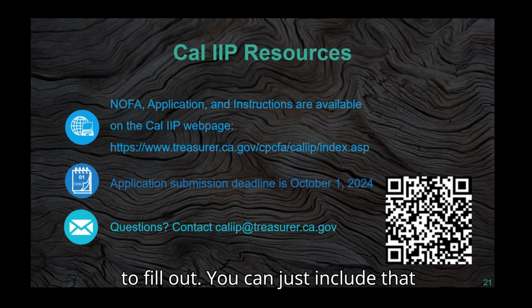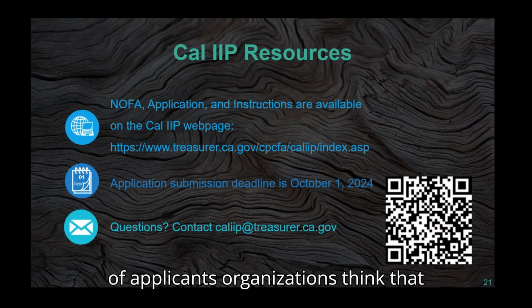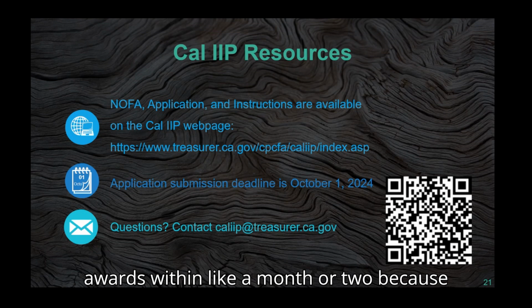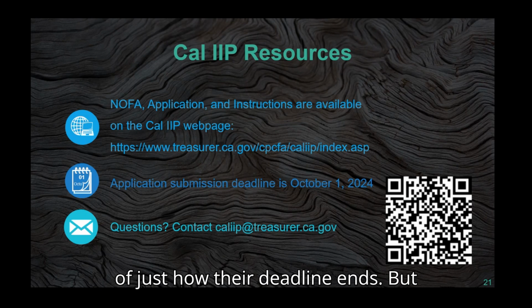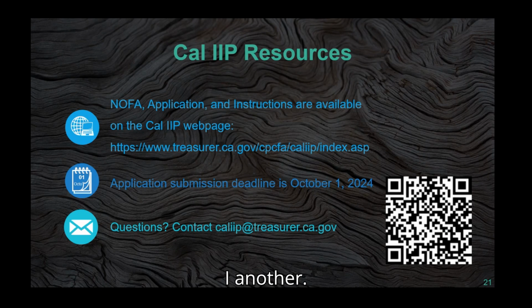You can just include that in the question section. You're not penalized. I think a lot of applicant organizations think that they're being penalized if they haven't expended any awards within a month or two because of just how their deadline ends. But that's okay. You just have to identify it.